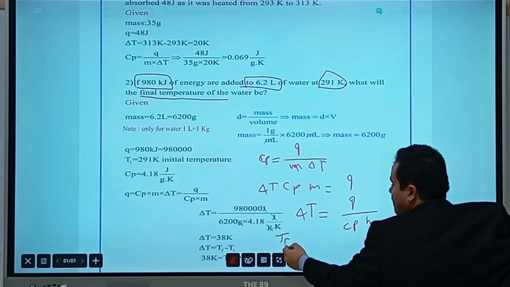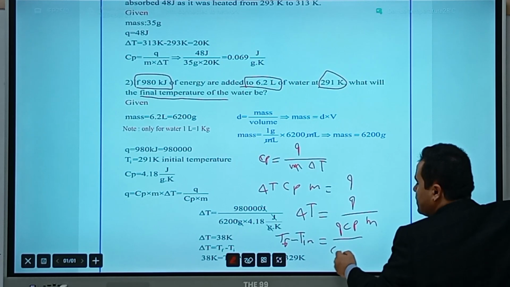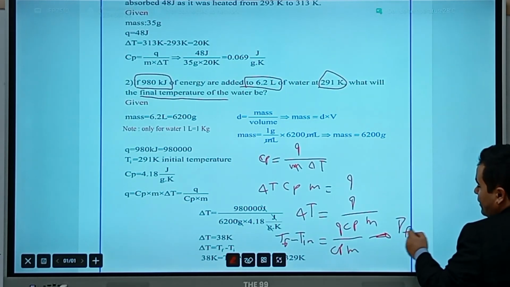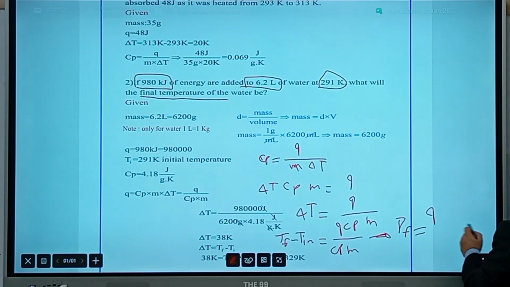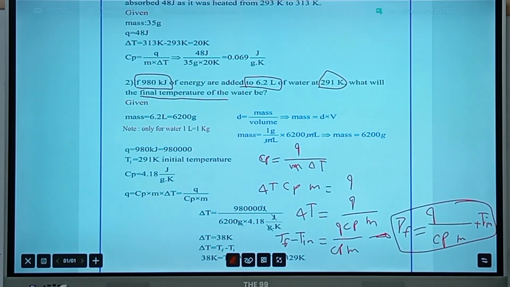Open the delta T: T final minus T initial is equal to Q over Cpm, or T final alone is equal to Q over Cpm plus T initial. That will be the arrangement of the equation.